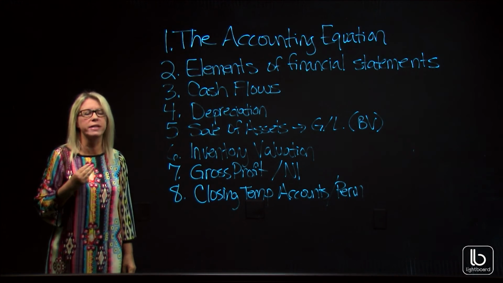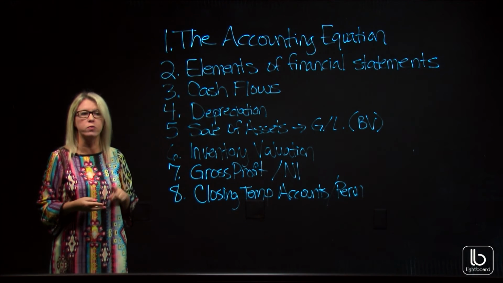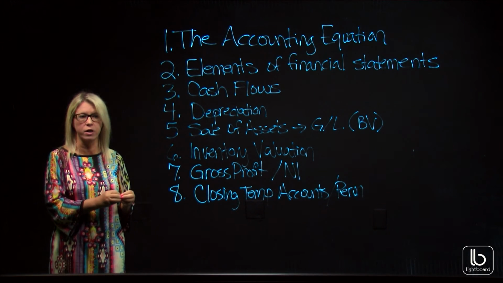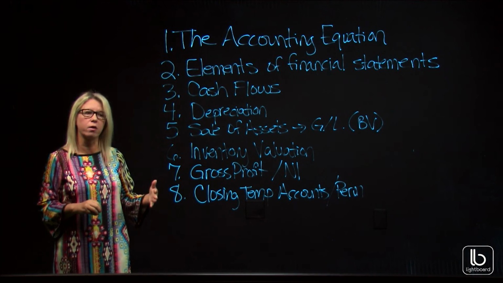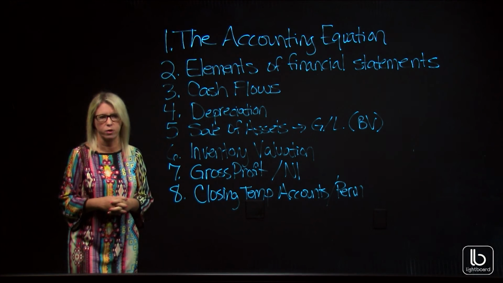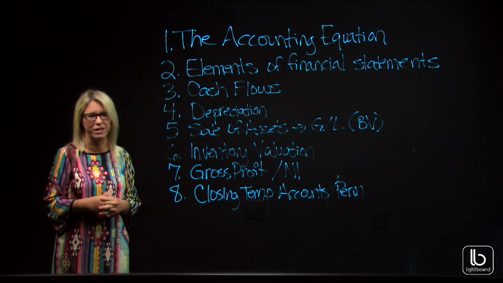But you've got those 3 temporary accounts that you do need to close out every single year: your revenues, your expenses, and your dividends. Those get closed out to the retained earnings account so that you can start over on January 1st, or whatever the first day of your fiscal year is for the company, with a fresh new income statement and new revenues, expenses, and dividend accounts.